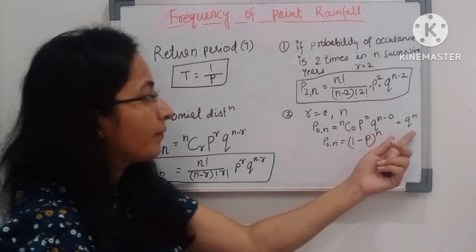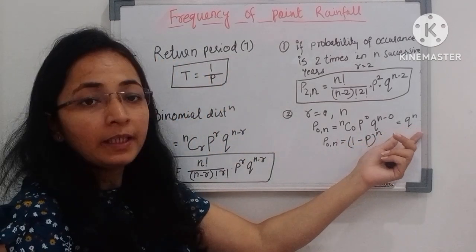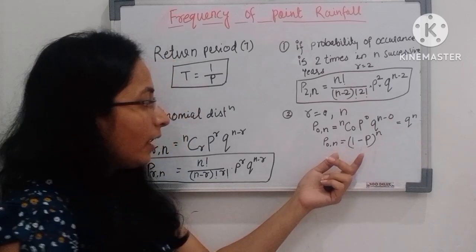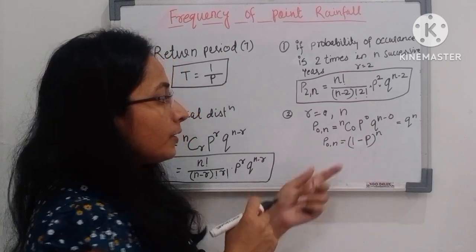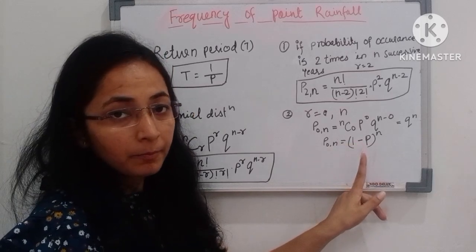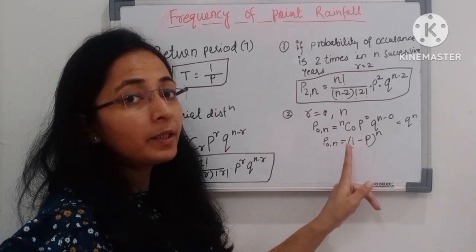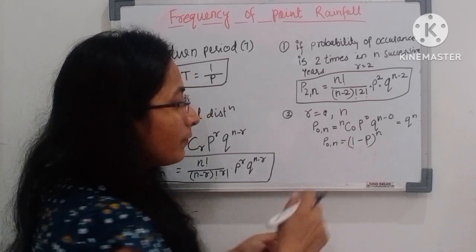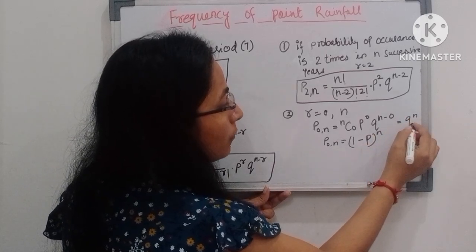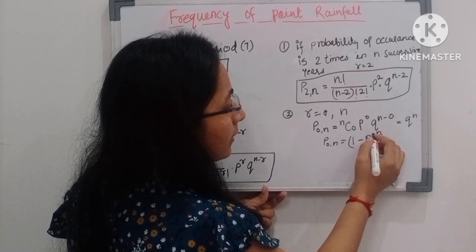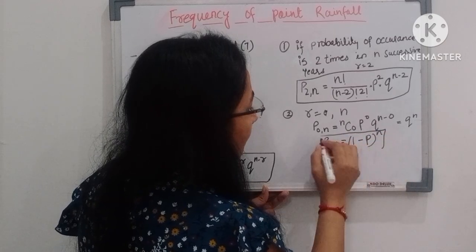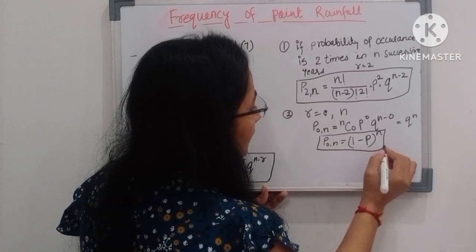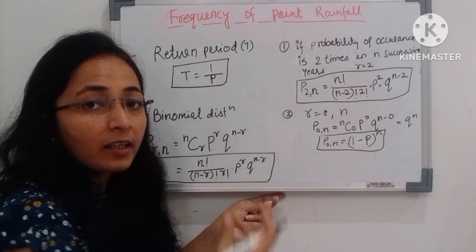Since q is the probability of non-occurrence, and the probability of non-occurrence is equal to 1 minus p, we put q as 1 minus p and the power is n. So this is the condition when the event is not occurring.